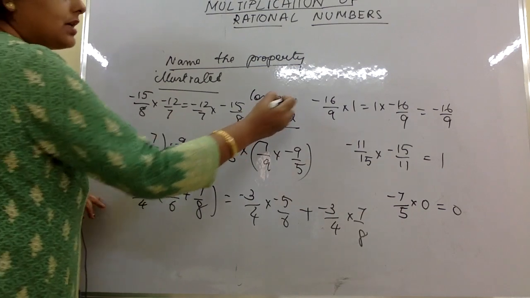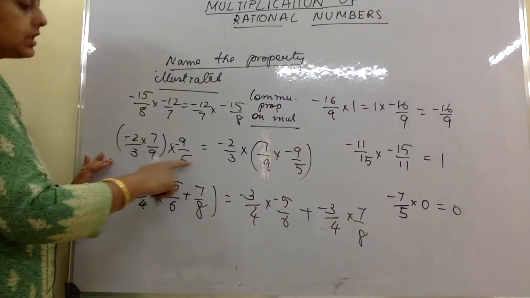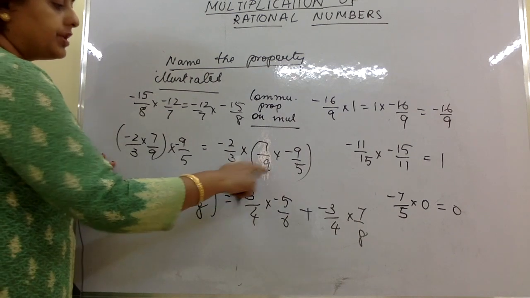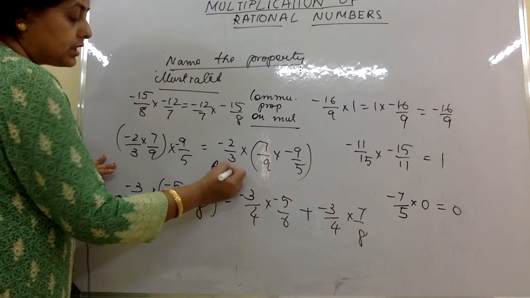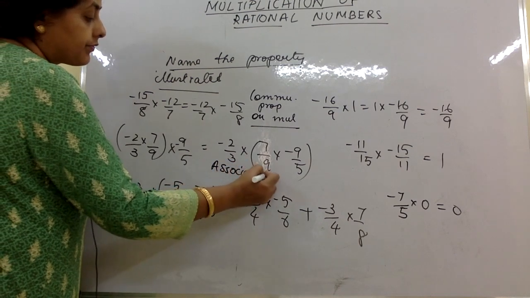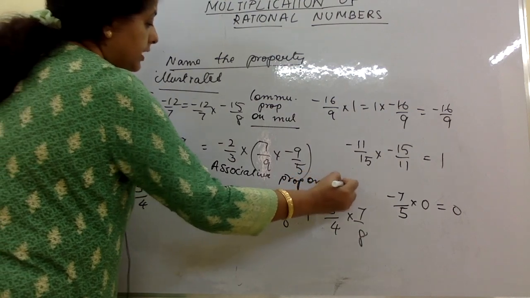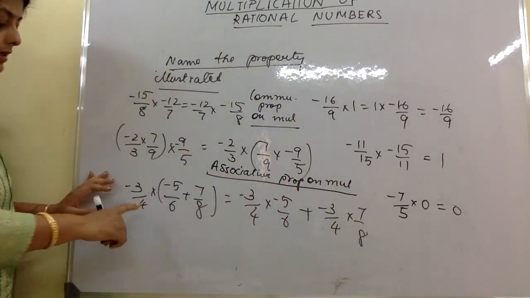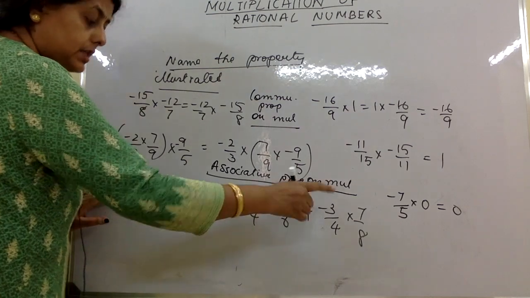So you must write commutative for multiplication. A into B into C is A into B into C. This is, and the sign is same, associative property on multiplication.